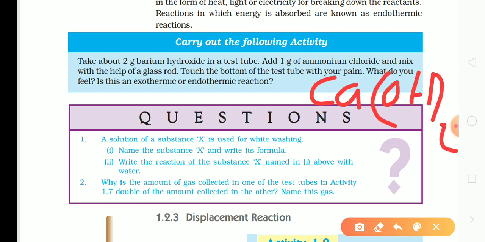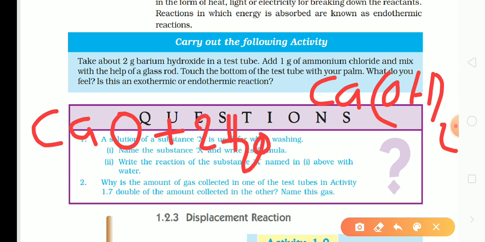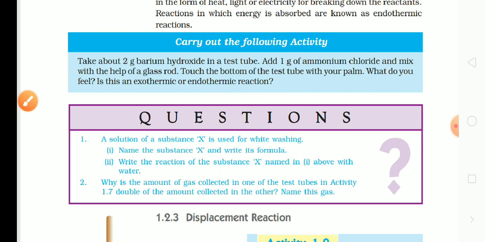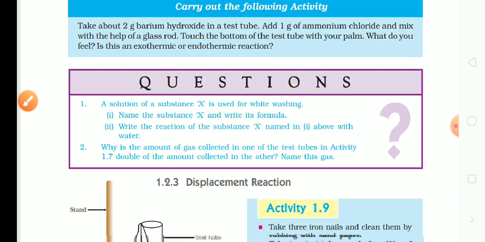And it is a solution of X. It is not X, it is the solution of X. So X would be calcium oxide or quicklime, and the corresponding reaction is CaO plus H2O gives Ca(OH)2. So this one is X. The solution of X is used for whitewashing, and that solution is slaked lime. X is quicklime. Now look at the next question.